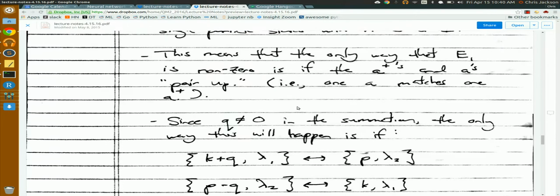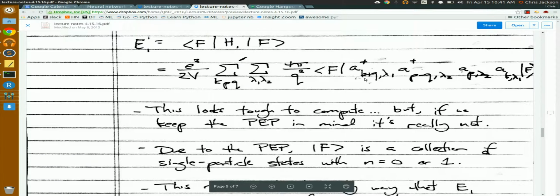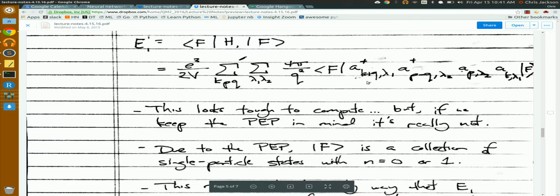So in other words, if you go back and look, for example here, we have two possible spin states, lambda 1, lambda 2, for our particles 1 and 2. So you see that this a with k lambda 1, the spin has to be the same, so it's going to match up with this one.